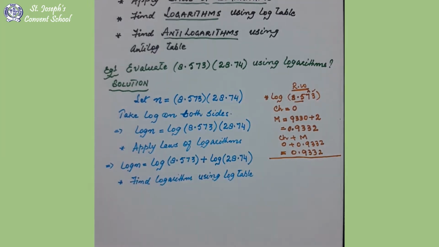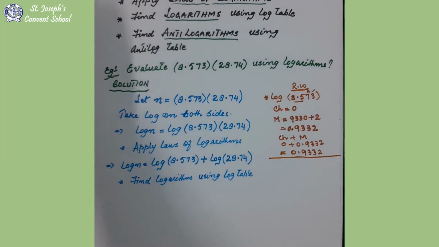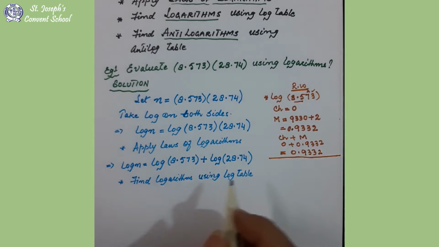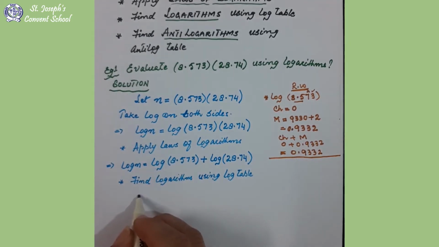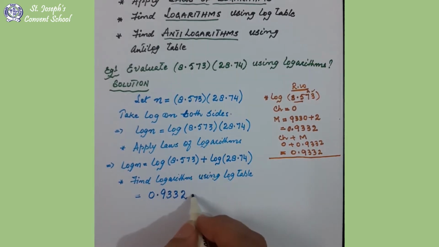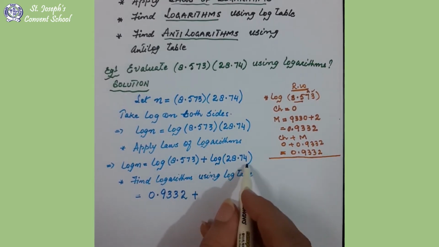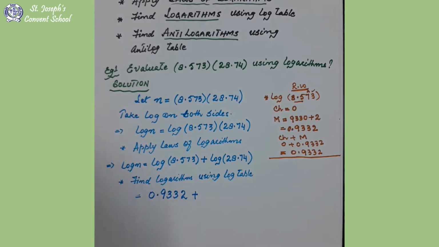Okay, so the log of the first number is 0.9332, with a plus sign. Now we'll find the log of the second number. I will tell you how to find it directly also, but first let me explain it in the rough column also.